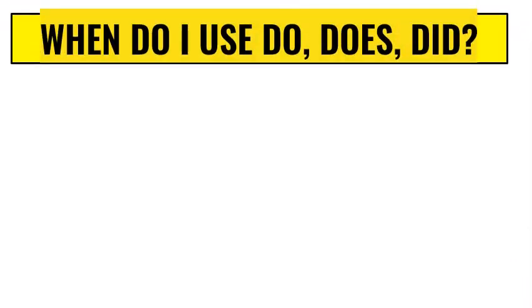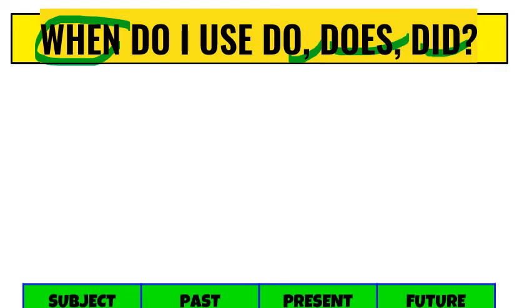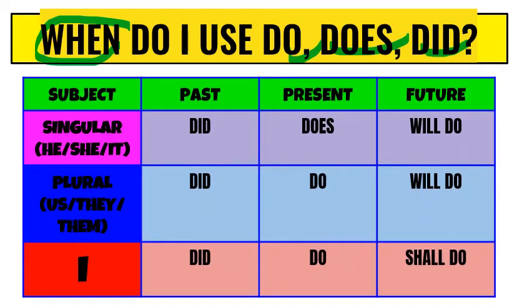This is just a quick recap of when do I use do, does, or did. We did this when we looked at questions and how to formulate questions. So just a quick revision. When my subject is singular, or plural, or I, whenever I'm in the past tense, I'm always going to use did.